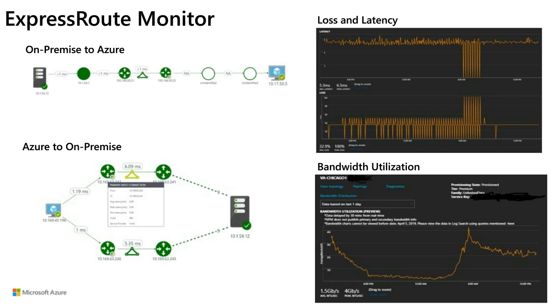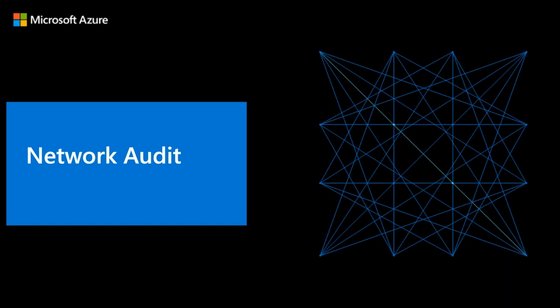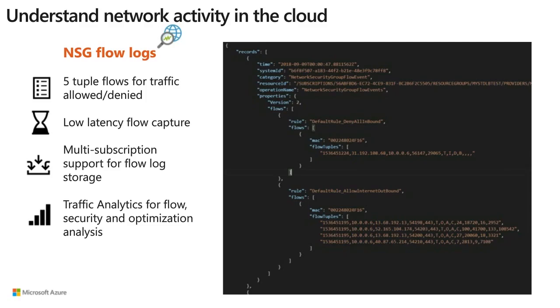Next, I'm going to talk about the network audit solutions that we provide in Azure, starting with NSG Flow Logs. Now, NSG Flow Logs can be recorded for any network security group that is associated at a NIC, a subnet, or a VM level. You can configure multiple NSGs from different subscriptions to send incoming and outgoing flow information to one or more storage accounts.